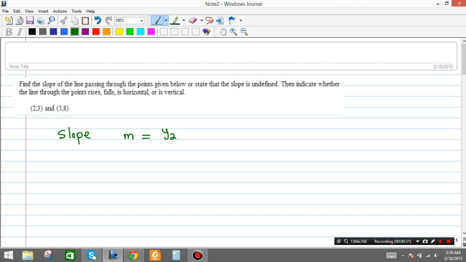It's y2 minus y1 over x2 minus x1, and this represents the change in the y over the change in x. And here, x1 is the x coordinate of the first point, that's 2. y1 is the y coordinate of the first point, that's 3. x2 is 3, and y2 is 8.